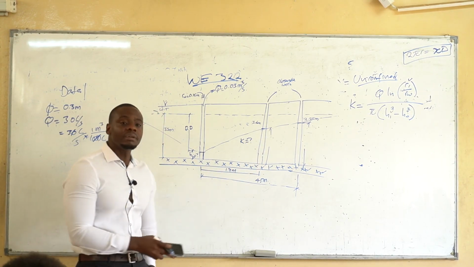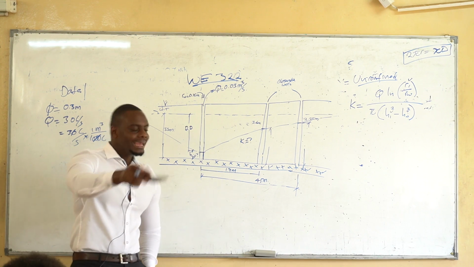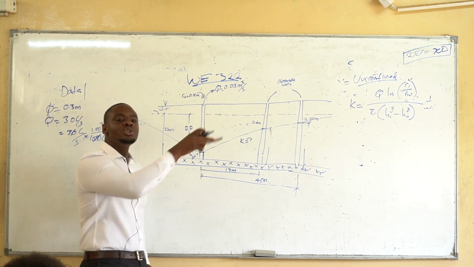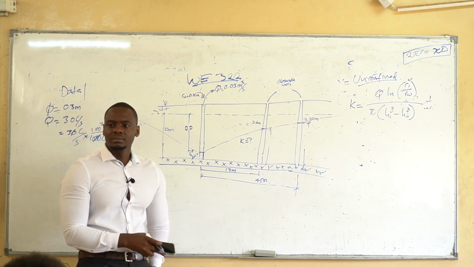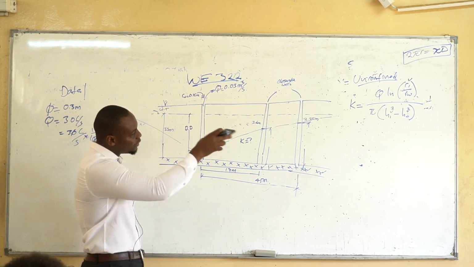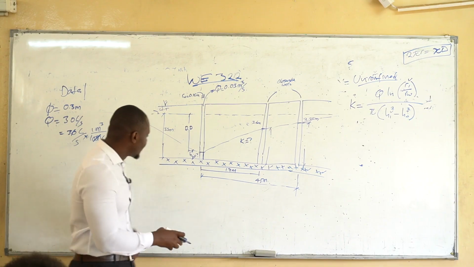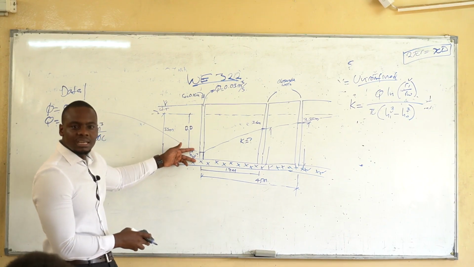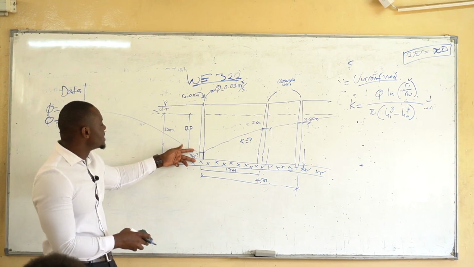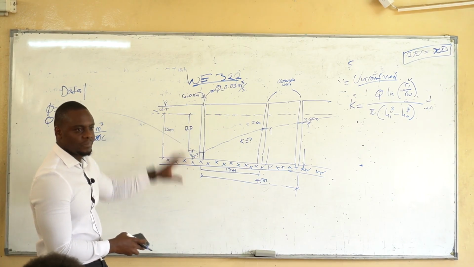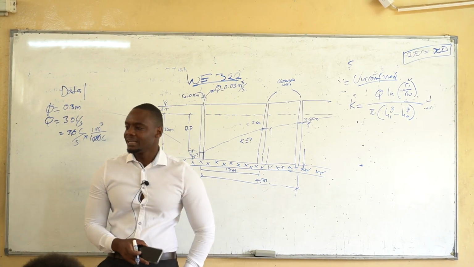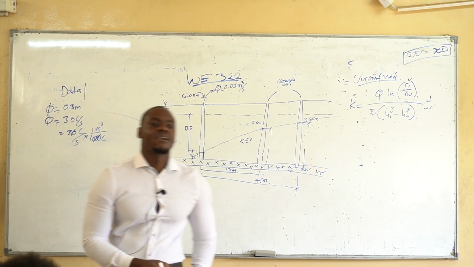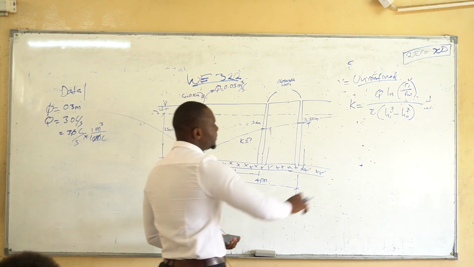From there you find yourself a K. When you find K, get it back into the original equation, and then solve for HW, make HW the subject, and then once you find this value, just come and subtract from what? Welcome to engineering. All right, so let's proceed.